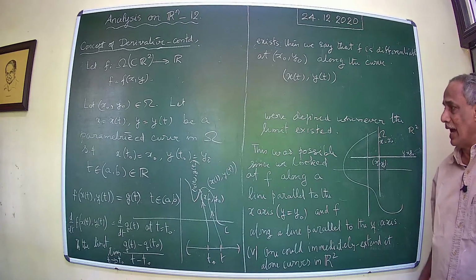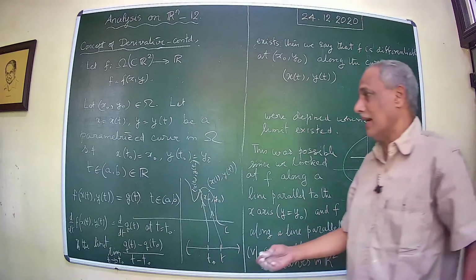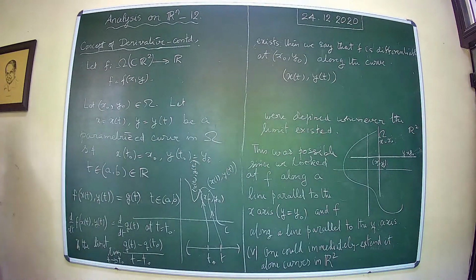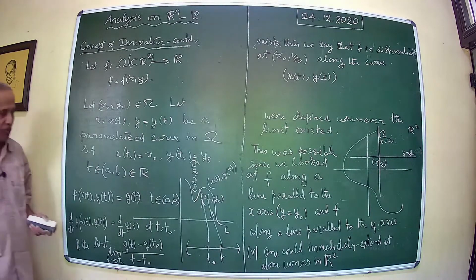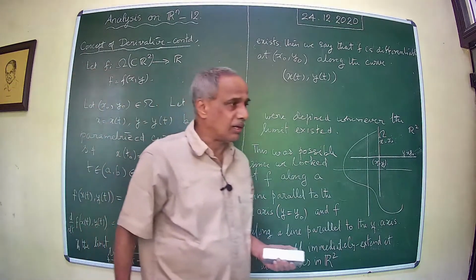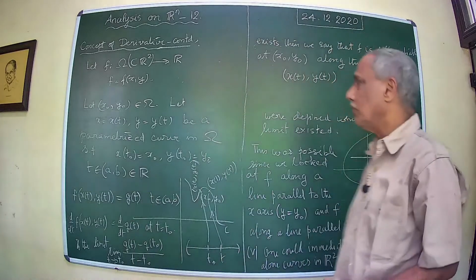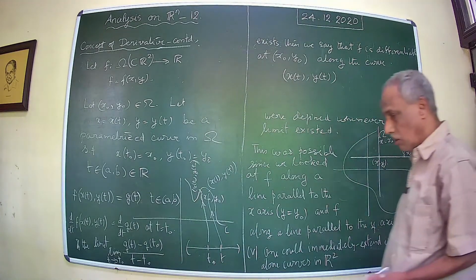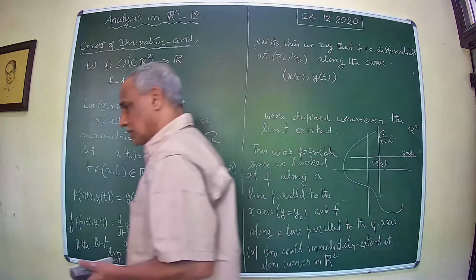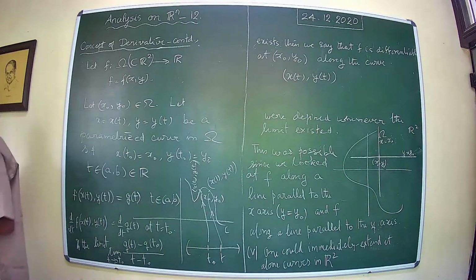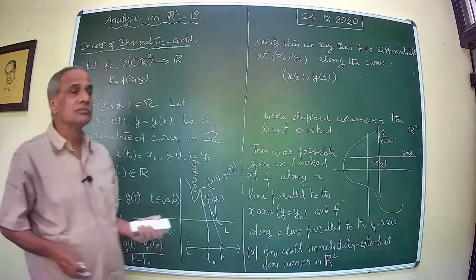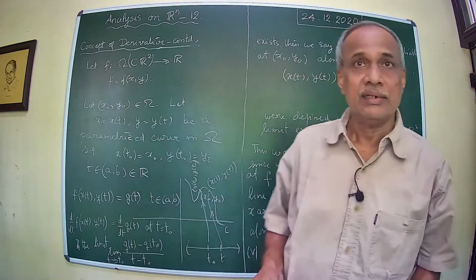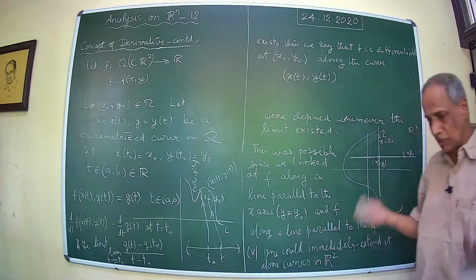And from there we made a quantum jump. The quantum jump that we made was to talk about the derivative of a function of several variables, or a vector valued function of many variables, at some point, which involved division by vectors and which was not possible.